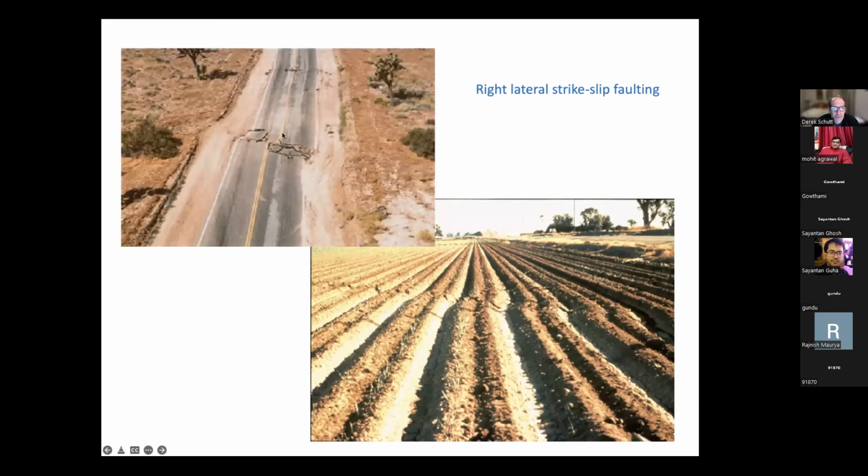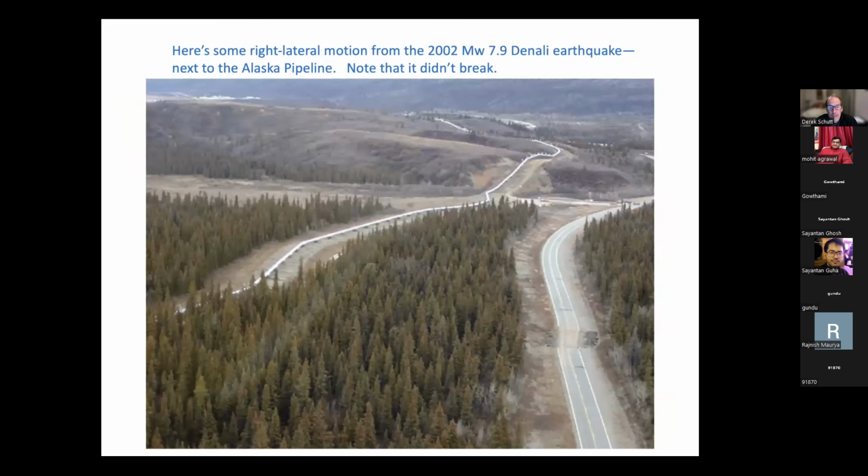Here are some examples of right lateral strike slip faulting, like this road, or these farm rows. And here's some right lateral motion from the Denali earthquake. You can see right here that the road was destroyed, but the Alaska pipeline, which was engineered to survive a great earthquake, did not break.